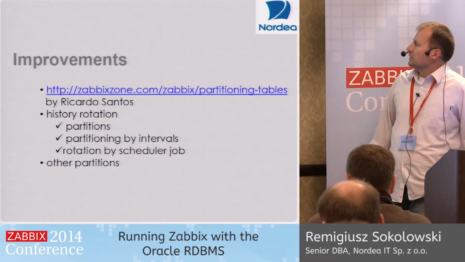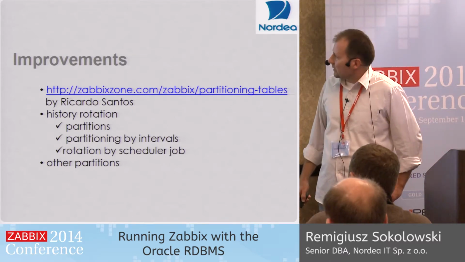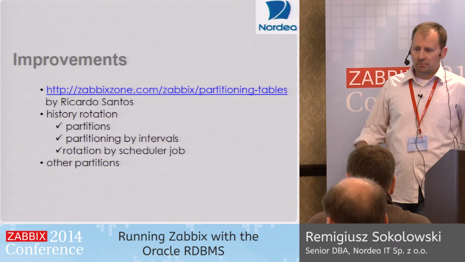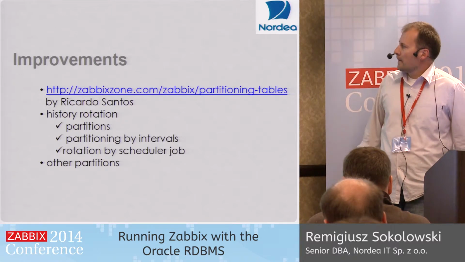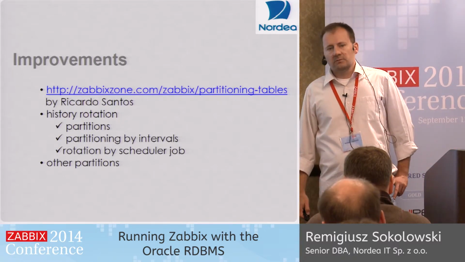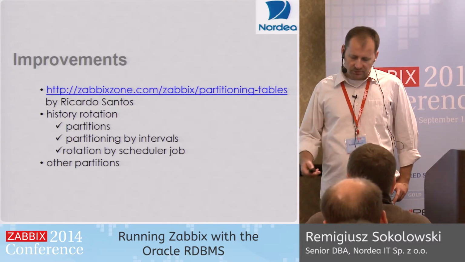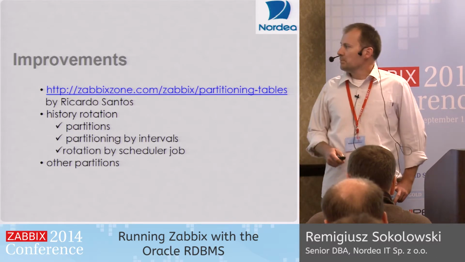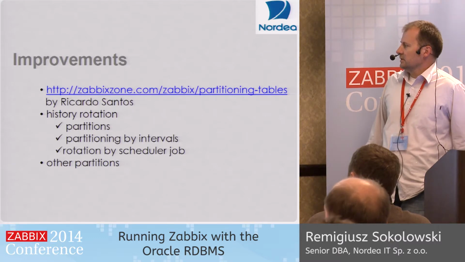We found this article by Ricardo Santos, very good anyway, which describes how to partition the tables for MySQL. Basically we do the same, but of course on Oracle, so there are some differences in the implementation. The main thing is history rotation.